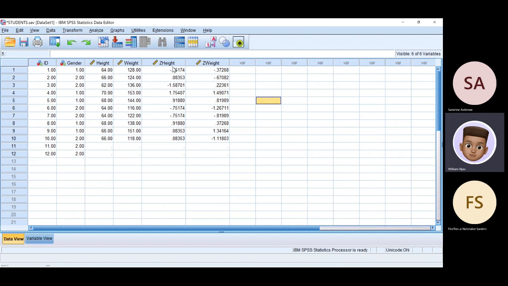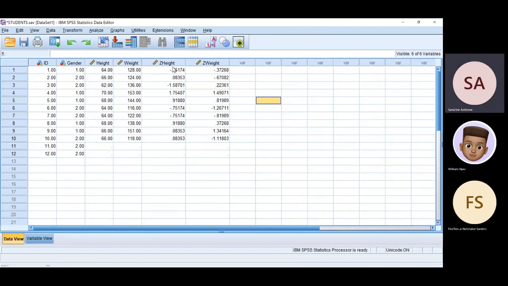So what we are correlating, I need you to understand, is 64 and 128, then 66 and 124. We are correlating the data respective to the respondent. We are not correlating 64 and 116. Correlation is happening respective to the respondent.